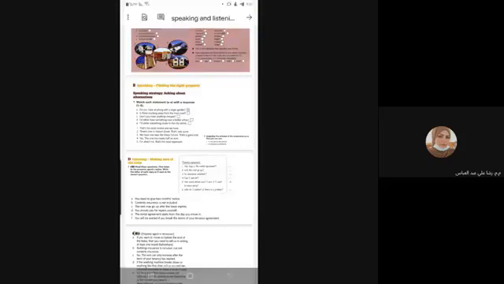Now we have another strategy or topic, which is finding the right property. Property العقار. إذن إيجاد العقار المناسب.